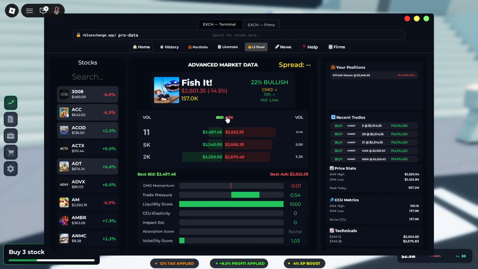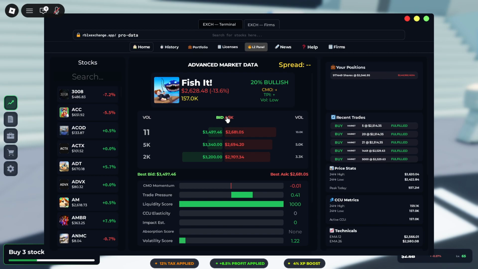Okay, so now the immediate execution impact, basically, as I said, is how much your order will move the price of the stock. So let's say I have $2 billion and I go and invest billions and billions. I would most likely move this stock if the impact was positive. It estimates how much the price will move against you the moment you place an order.